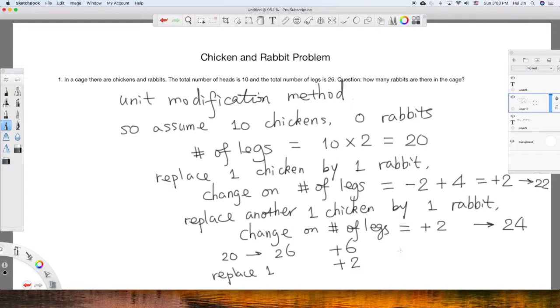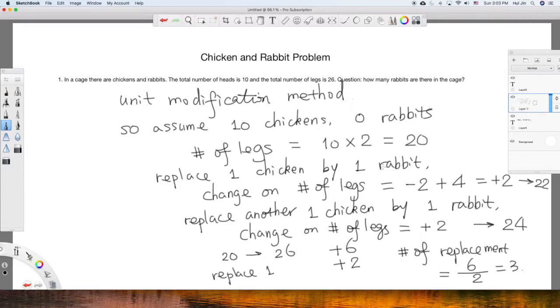So the number of replacements equals 6 divided by 2 equals 3. So we need to replace 3 times, and that means there will be 3 rabbits and 7 chickens.